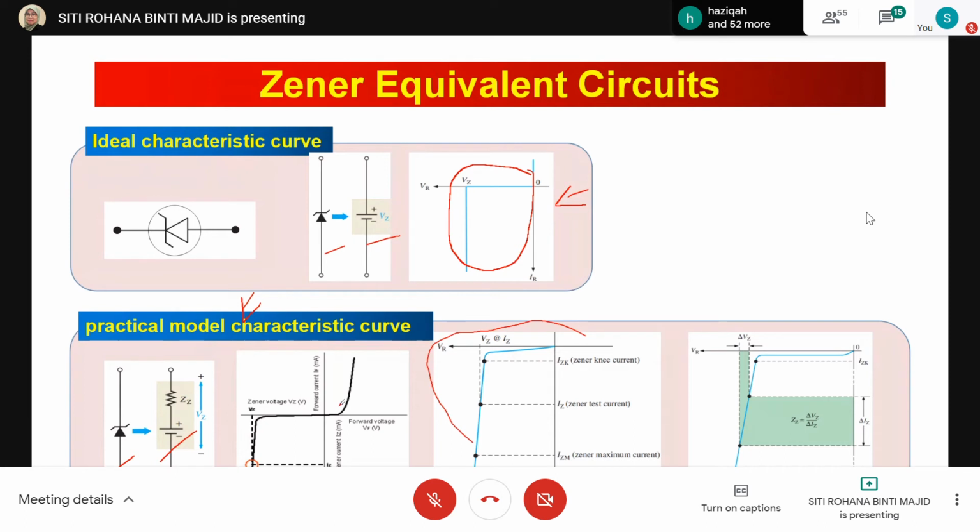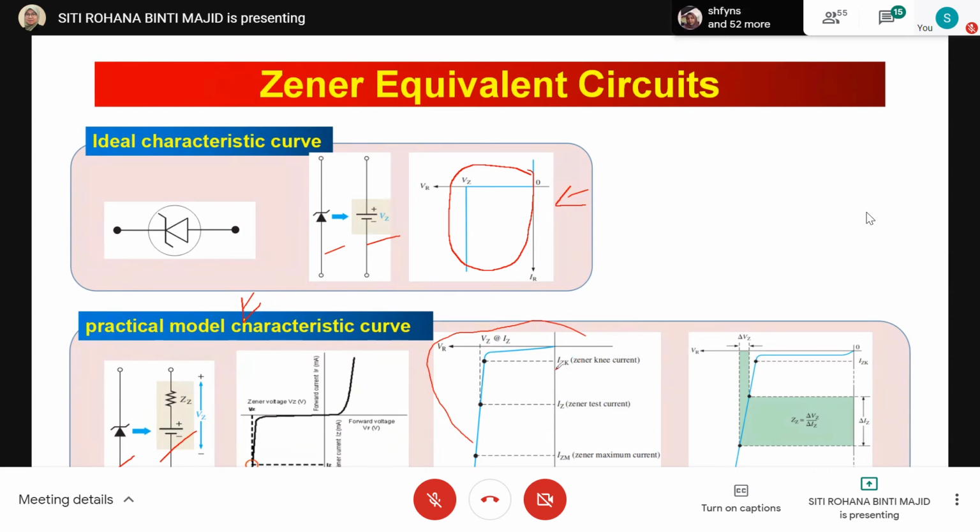We refer to the breakdown region, which happens during the reverse bias, when the current starts declining with the increment of reverse voltage.